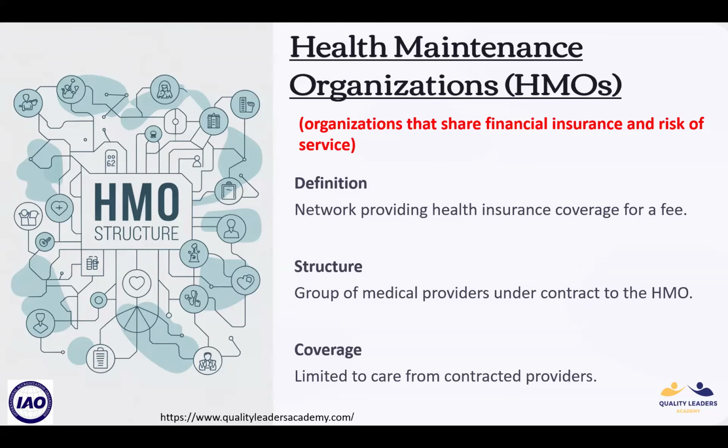That means the doctors and hospitals who have a contract with this particular HMO within their network. You can't go out of this network, and this is a defining feature of an HMO. The members are often required to choose their primary care physician. This primary care physician acts as the main point of contact for all the healthcare needs of this person, and is responsible for routine care and also coordinating any specialist referrals if needed.